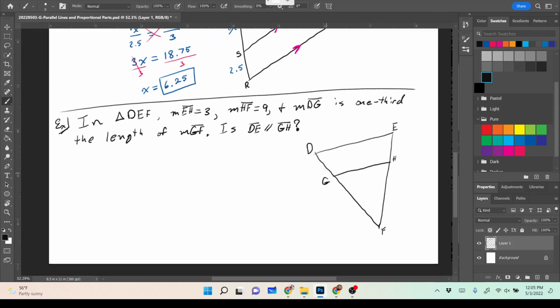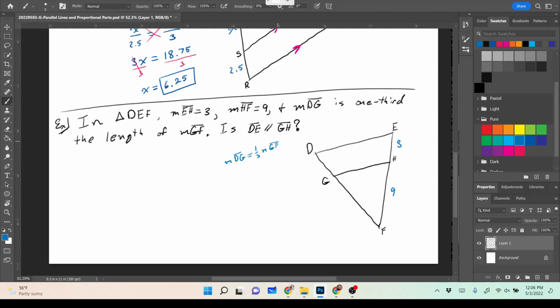Okay, so what should we do? Set up a proportion. Actually, label first. Where's EH? Hang on, I need to draw the picture first. Where's HF? And the measure of DG is 1/3 the measure of GF.